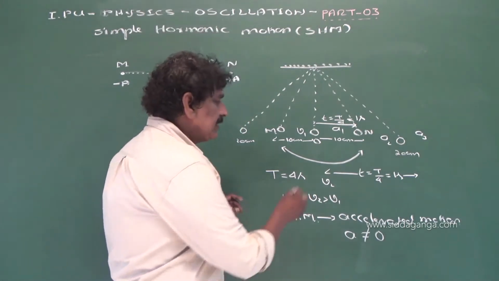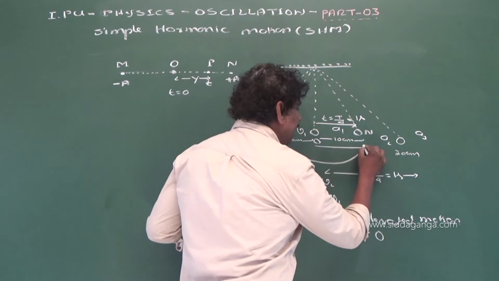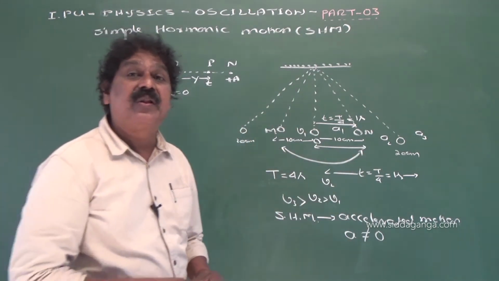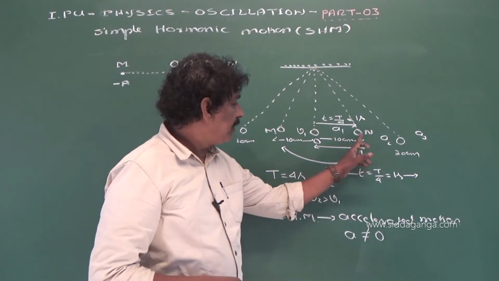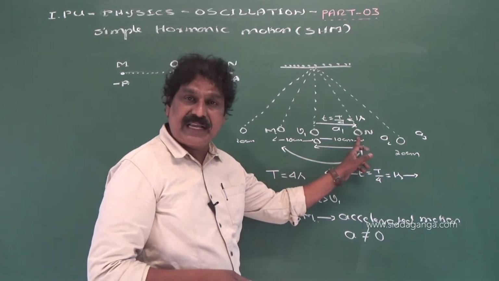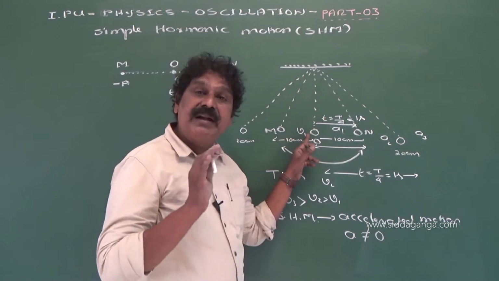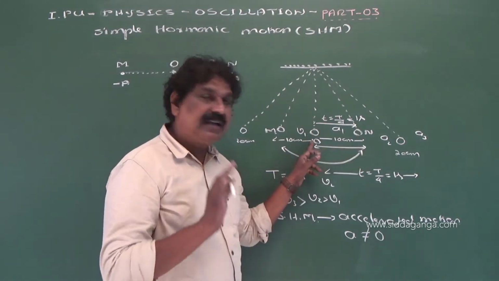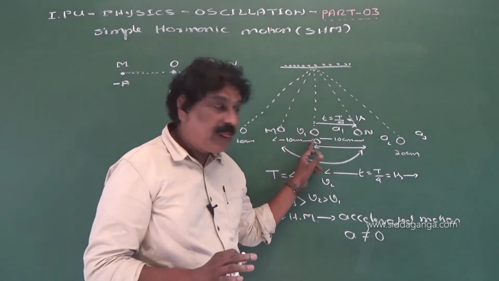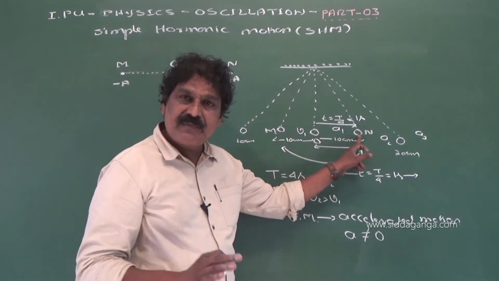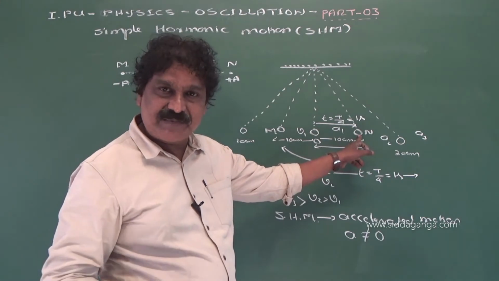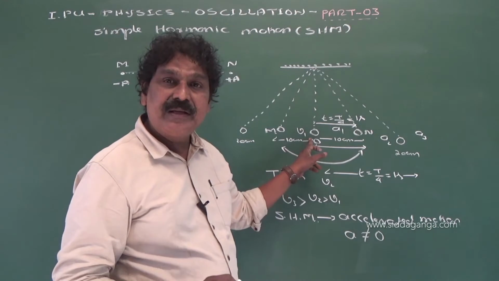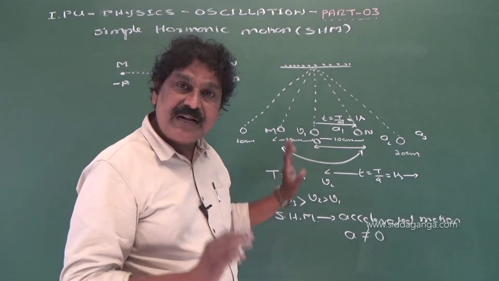Between O and N also, the magnitude of acceleration varies. The magnitude of acceleration is maximum at the extreme position and minimum at the zero position. Why is acceleration maximum here? Because displacement is maximum. Why is acceleration minimum, 0, here? Because displacement is minimum, 0.